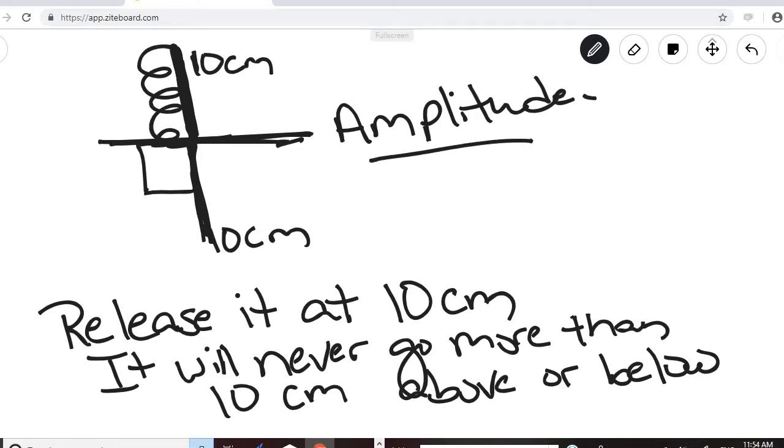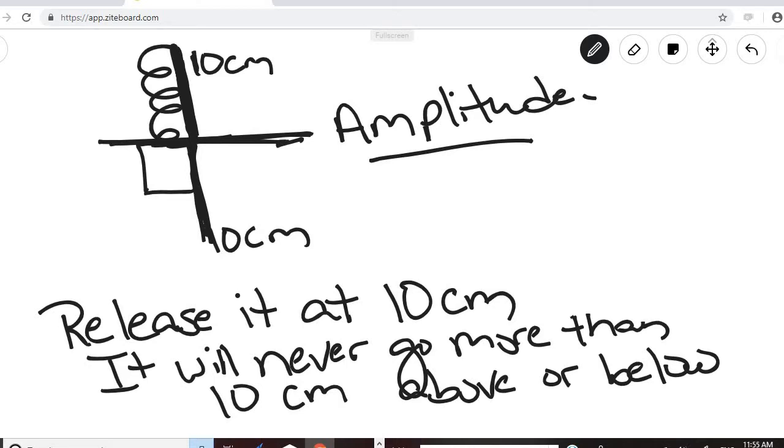That is called the amplitude. So the maximum distance that an object gets from its equilibrium position when it's traveling in periodic motion is called the amplitude. So if you release it at 20 centimeters, then the amplitude would be 20 centimeters.